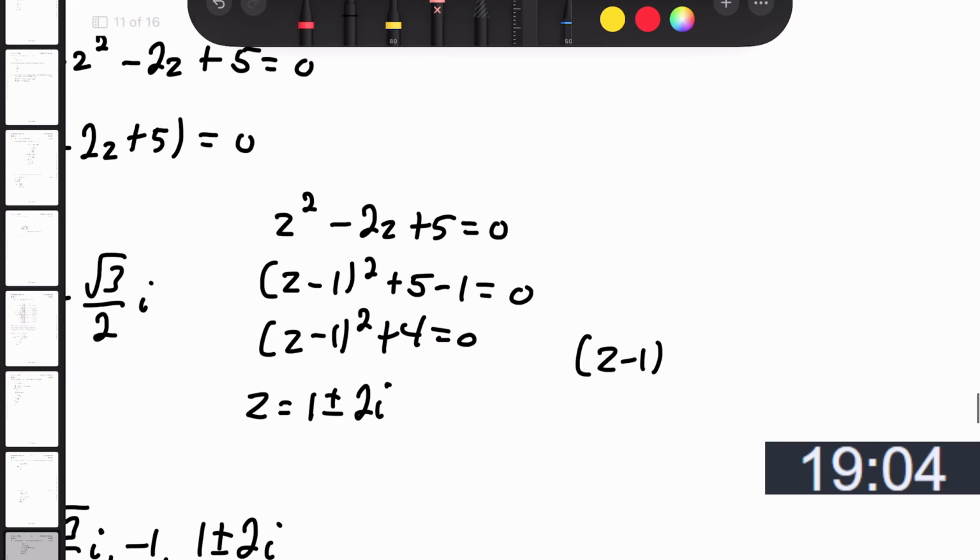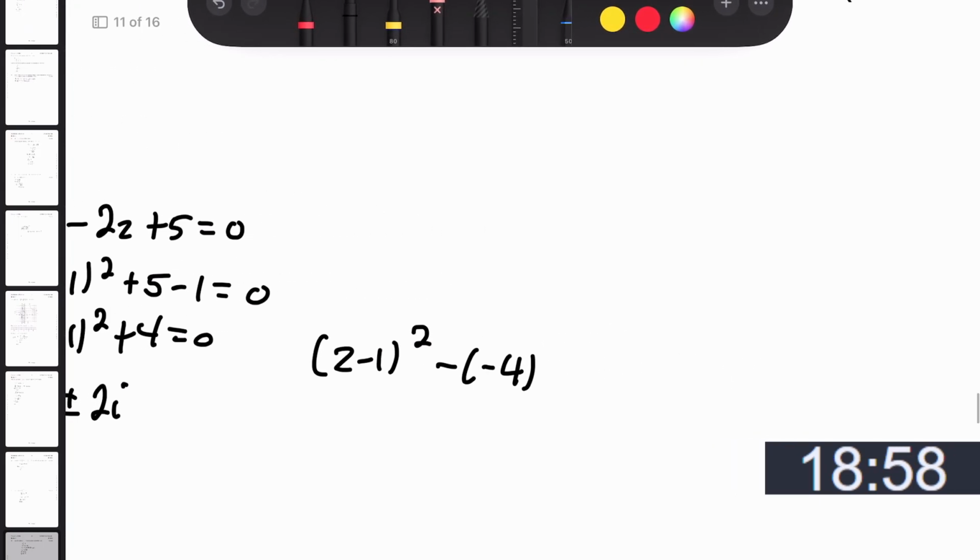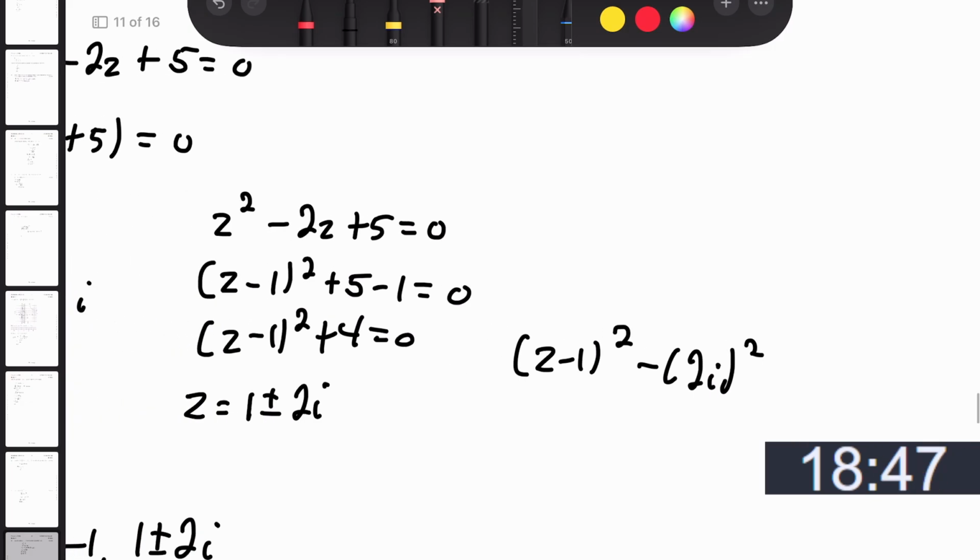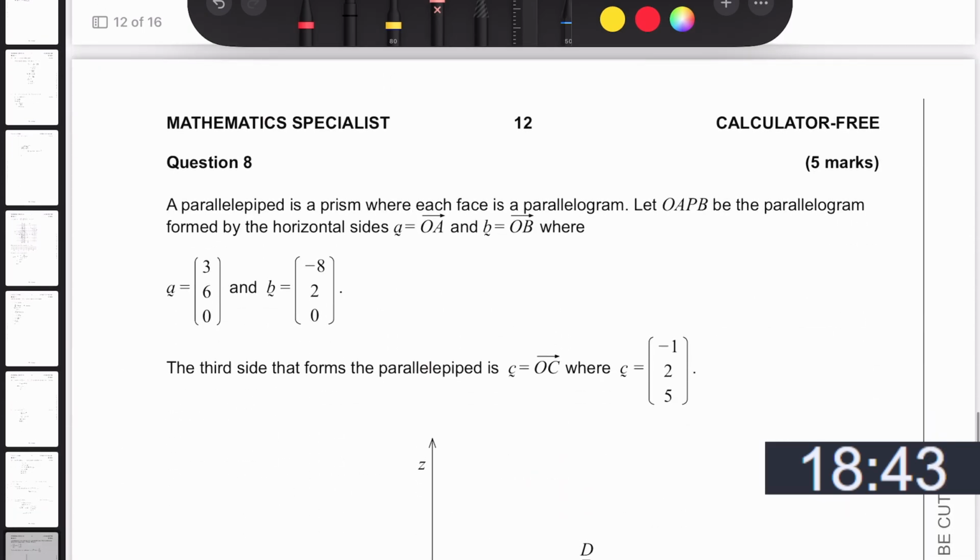Because this becomes (z minus 1) squared minus negative 4, because I want a difference of two squares. And this minus 4, if I square root it, negative 4, I'm going to have (2i) squared. So then difference of two squares, plus or minus, yes, okay. Pretty happy with that as well.